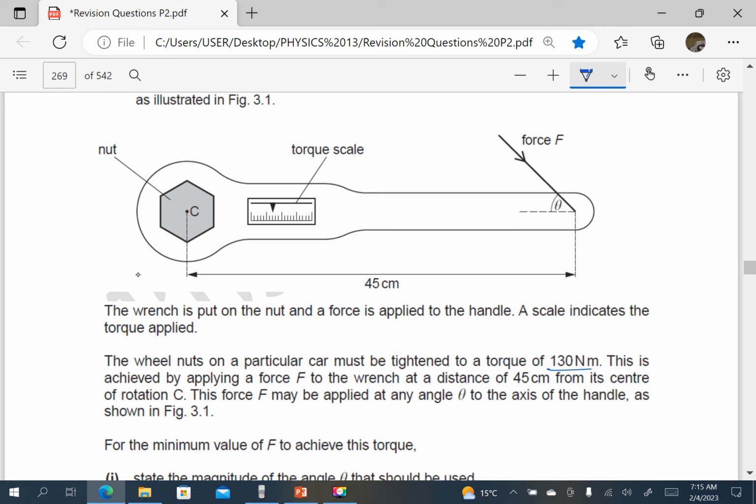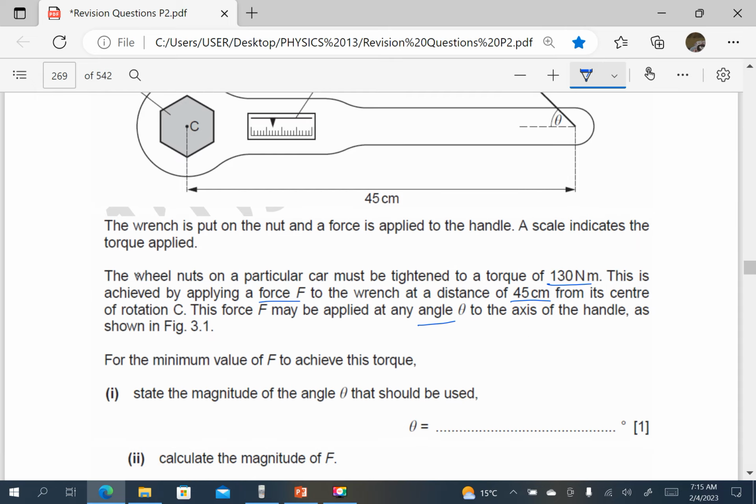This is achieved by applying a force F to the wrench at a distance of 45 centimeters from its center of rotation, C. This force F may be applied at any angle theta to the axis of the handle as shown in the figure. For the minimum value of F to achieve this torque, state the magnitude of the angle theta that should be used.